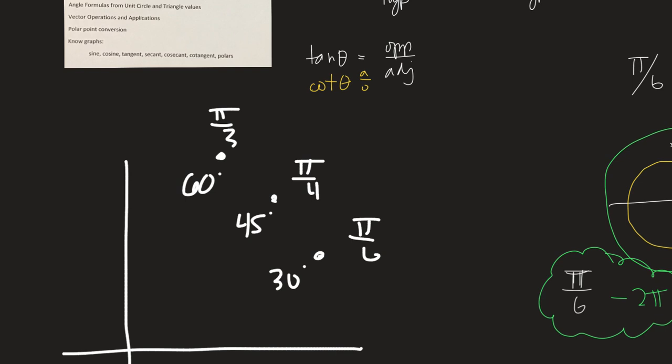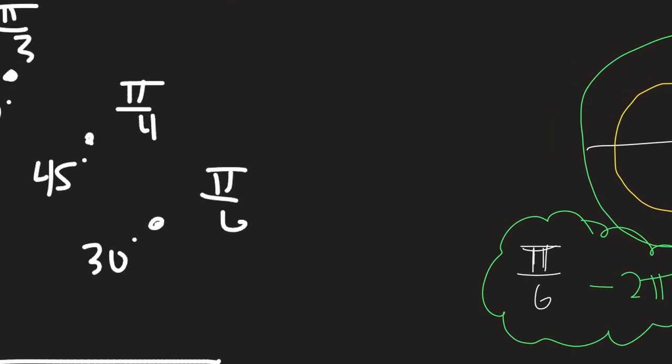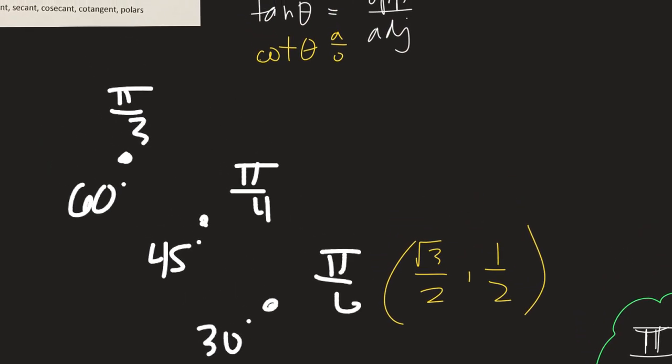So there were coordinates for each of these points. The first point had a coordinate of, sorry, it's actually root 3 over 2, comma, 1/2. Root 3 over 2, comma, 1/2.